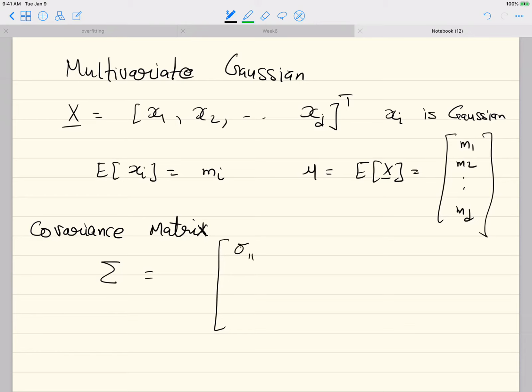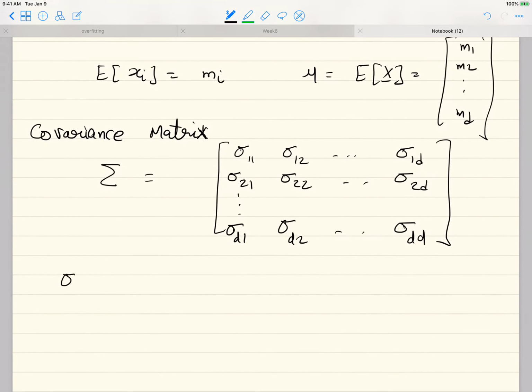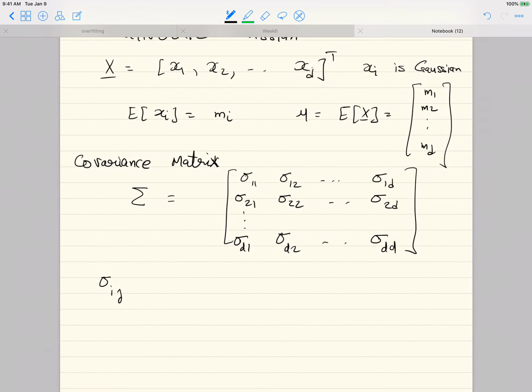Its entries will be like this: sigma 1 1, sigma 1 2, up to sigma 1d, sigma 2 1, sigma 2 2, up to sigma 2d, sigma d1, sigma d2, up to sigma dd. And sigma ij is just the covariance between xi and xj. So it's the expected value of xi minus mi times xj minus mj.